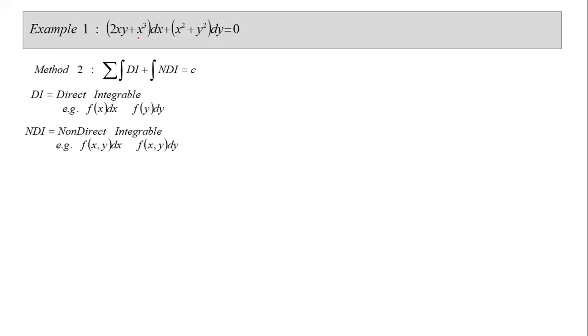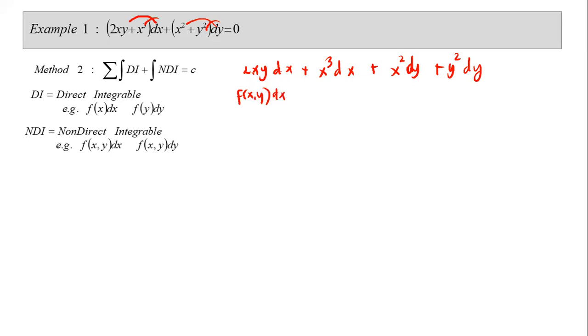So when you look at the given and you introduce dx to each term, dy to each term, you shall have 2xy dx plus x cubed dx plus x squared dy plus y squared dy. When you look at this function, this is f of xy dx, since there's an x and y here.